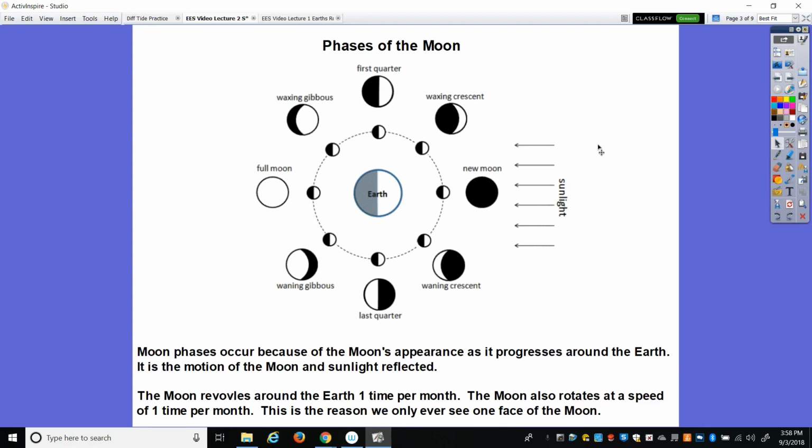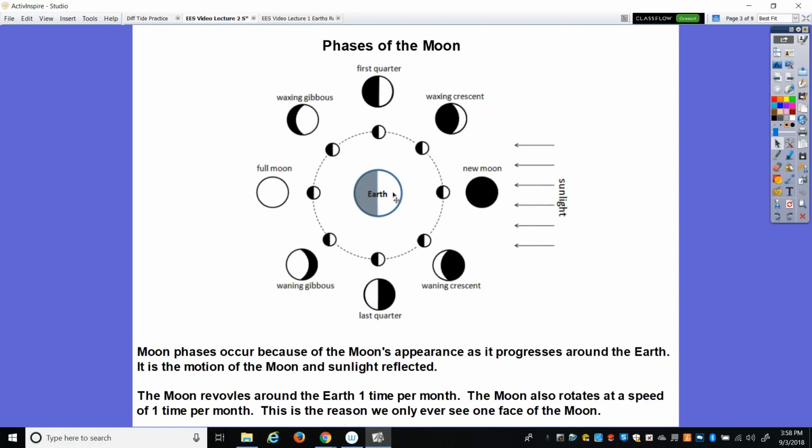So the sunlight is constant, and that's what this inner circle is. The sun is always hitting half of the Earth. It just depends on where the moon is in its orbit around the Earth as to how much you can see. So if the moon comes between the Earth and the sun, you cannot see this face of it.